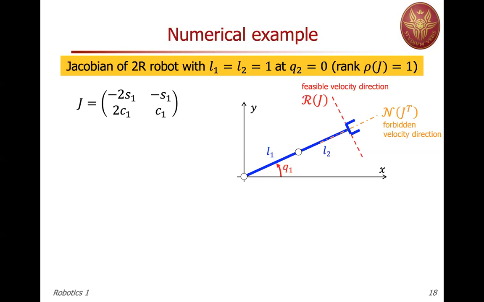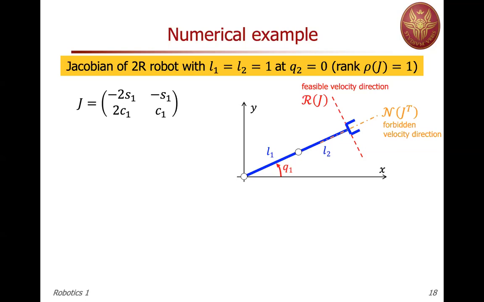We know already from our analysis that the mobility is lost exactly in the null space of J transpose direction, while we can still execute any velocity which is in the range of J. Okay, so if I give you a V which is on the dashed red line, then I should be able to execute this, even if I cannot invert the Jacobian, because the Jacobian is singular.